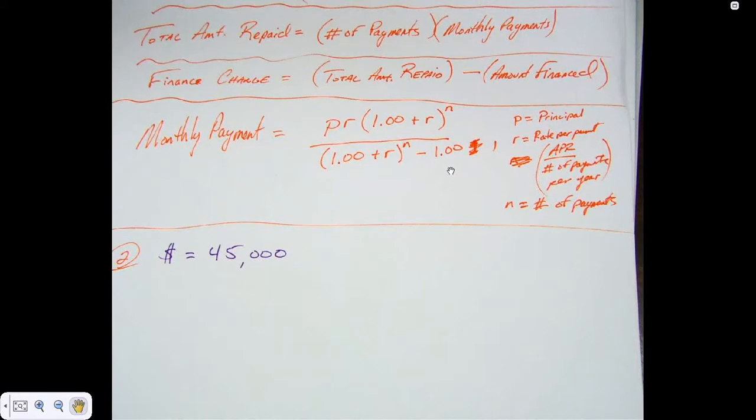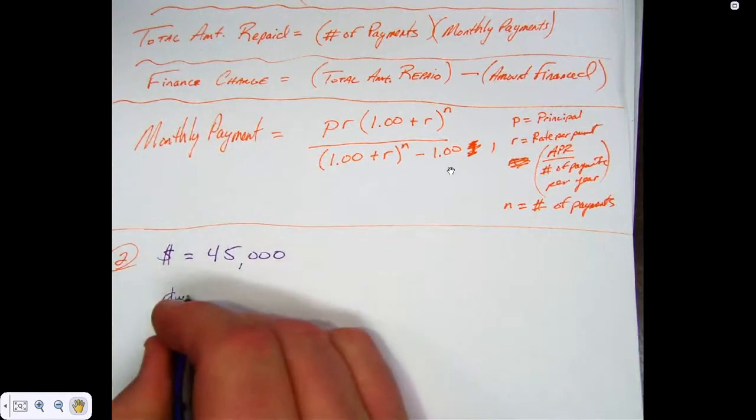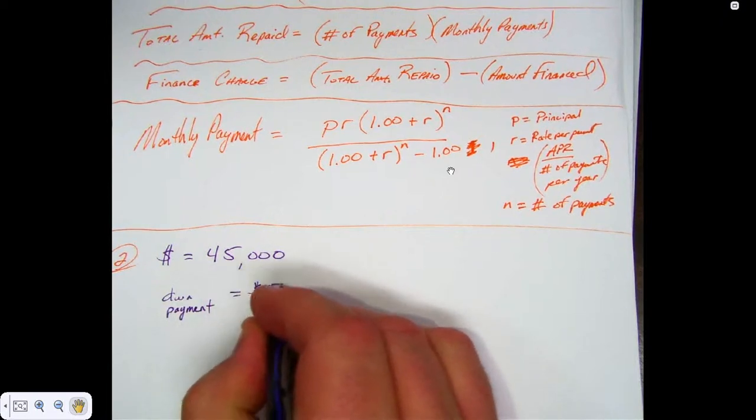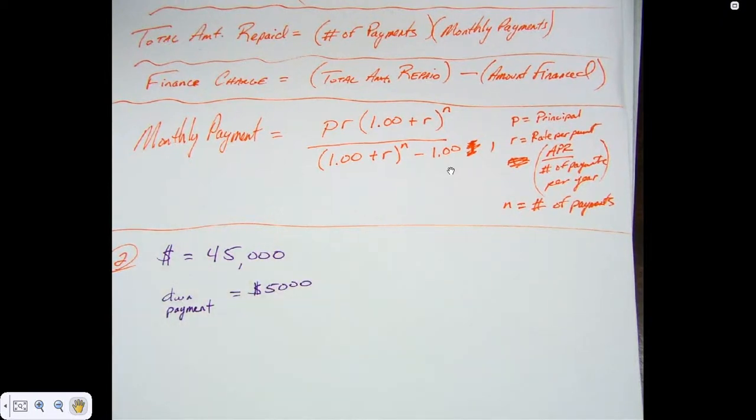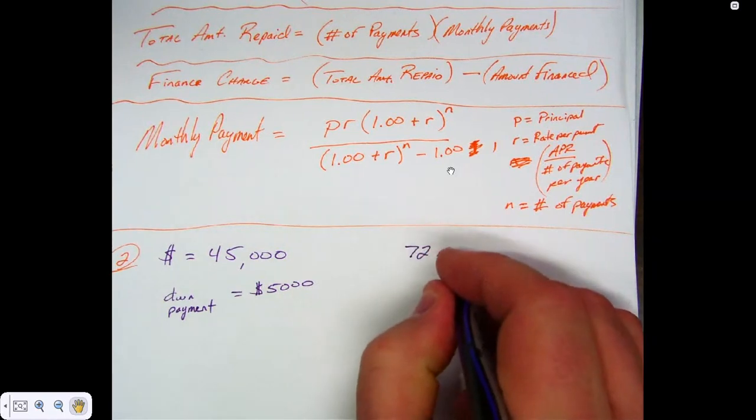Lisa McCorkle purchased her new automobile for $45,000 with a $5,000 down payment and financed the rest with an installment loan for 72 months at an annual percentage rate of 6%. 72 months.